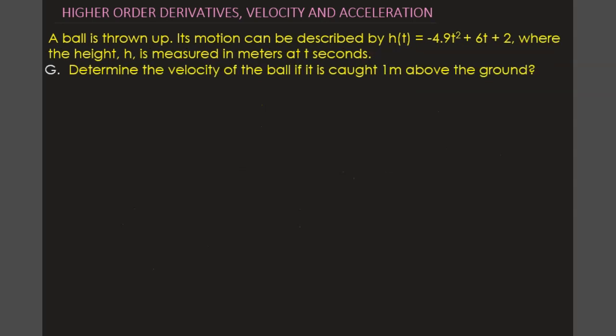Next part of the question wants us to find the velocity of the ball if it is caught 1 meter above the ground. When they say 1 meter above the ground, that means the height of the ball is 1 meter. We have to find out the velocity of the ball when height is 1 meter.